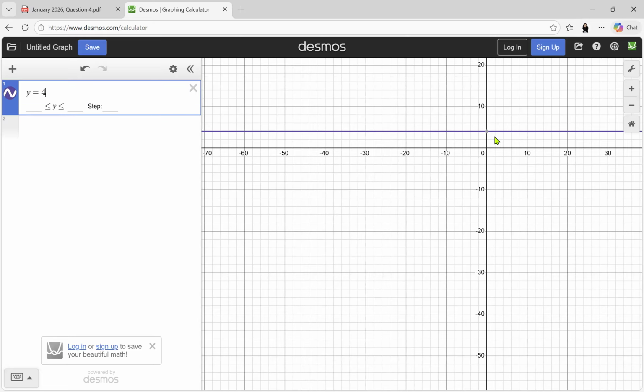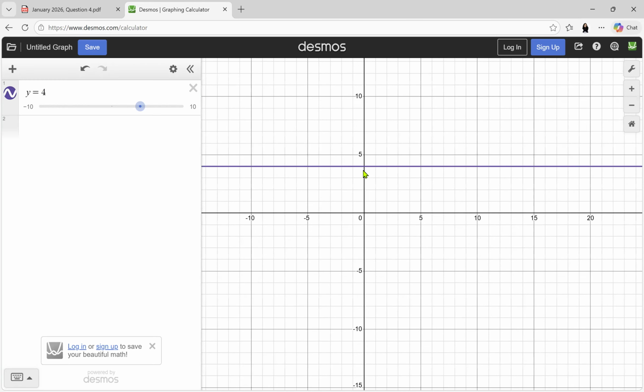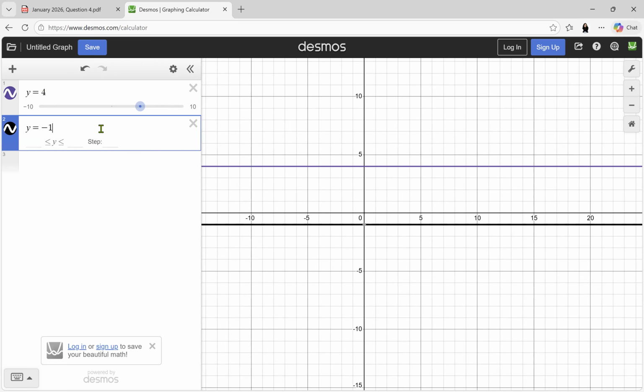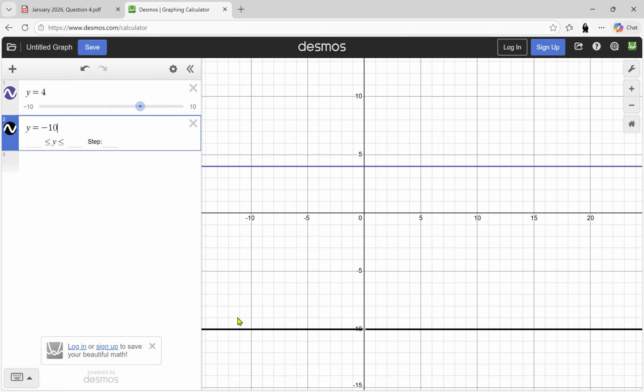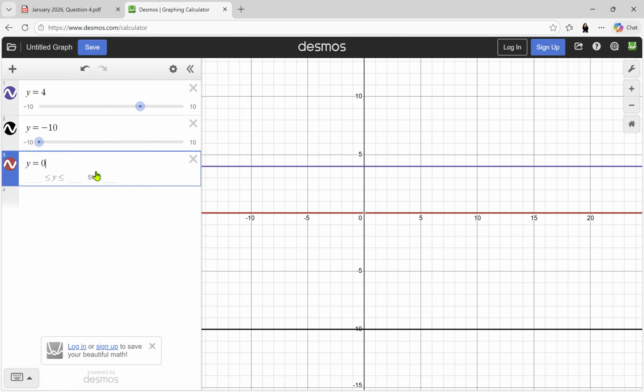It's a horizontal line passing through y is equal to 4, right? If I wanted y is equal to negative 10, then it's going to be a horizontal line passing through y is equal to negative 10, right? Also, y is equal to 0. That's going to be the x-axis, right? Because y is 0 on the x-axis.